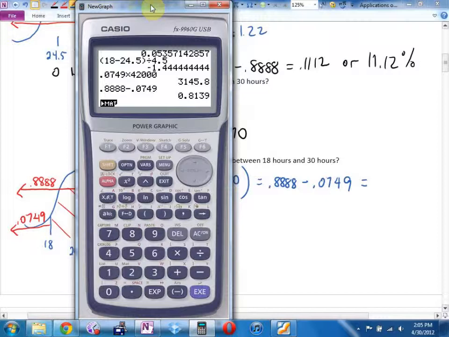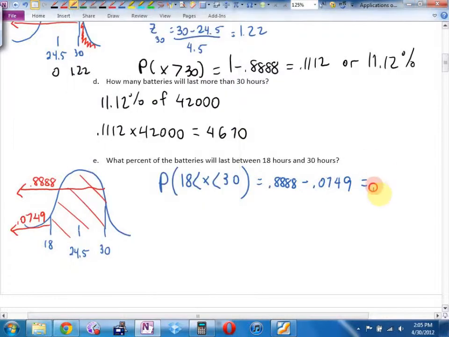You get 81.39%? 0.8139 or 81.39%. Most of them.